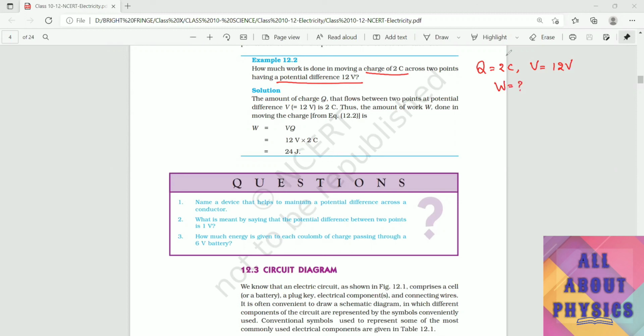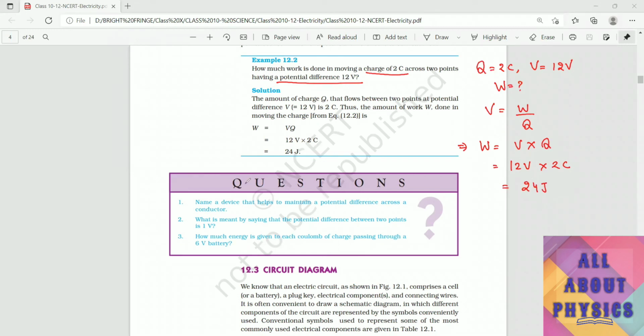So we know the relation between these three quantities as V equals W upon Q. Potential difference is work done divided by charge. So this implies W equals V into Q. Now put the value of potential difference and charge in the relation. Potential difference is 12 volts. Charge is 2 coulombs. On putting these two values, we'll get work done as 24 joules.